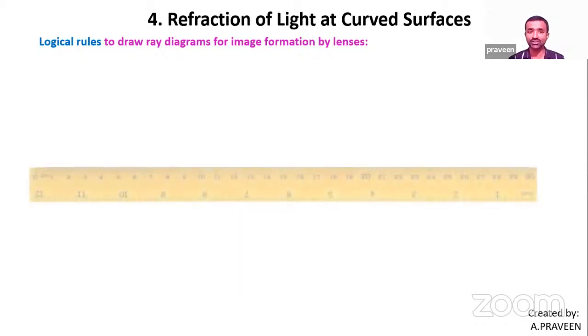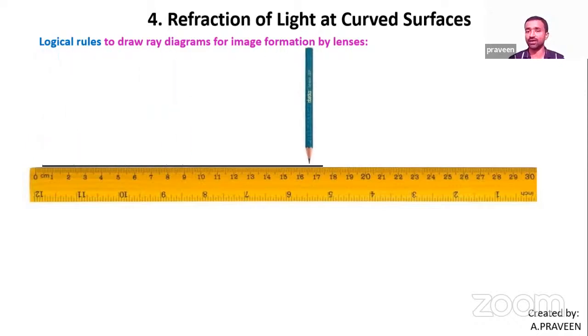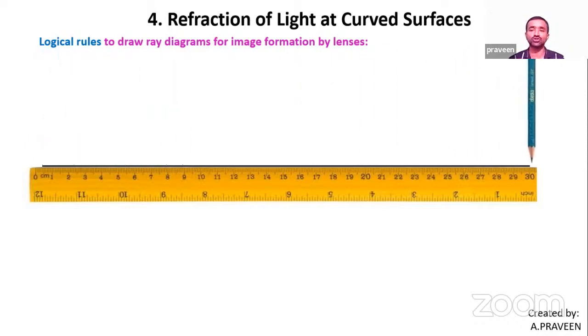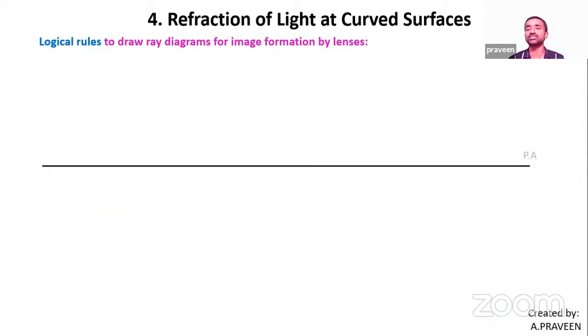Start from one end and go to the other end of the scale, and the line is drawn. You consider this as the principal axis. So I got a principal axis.